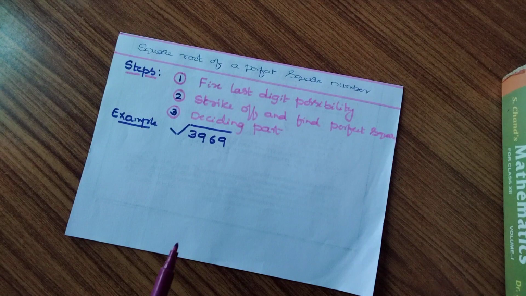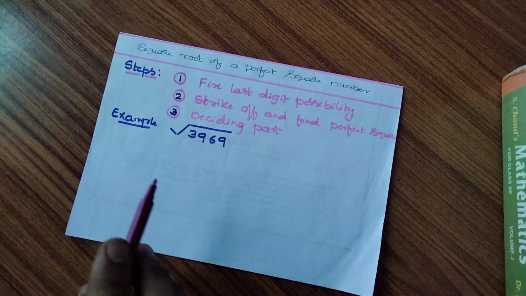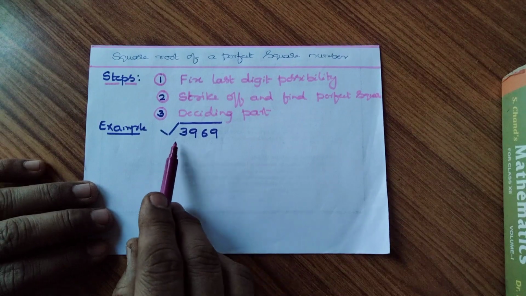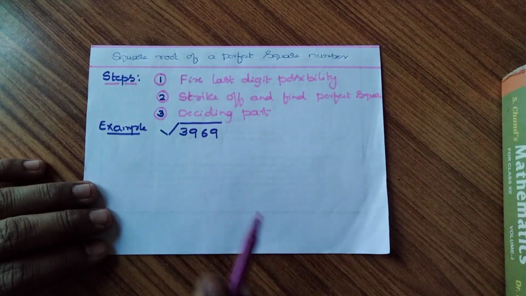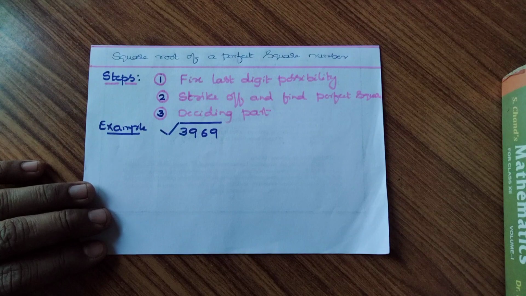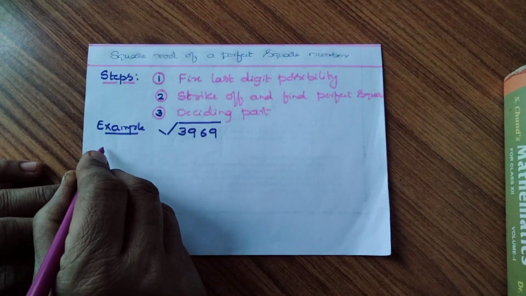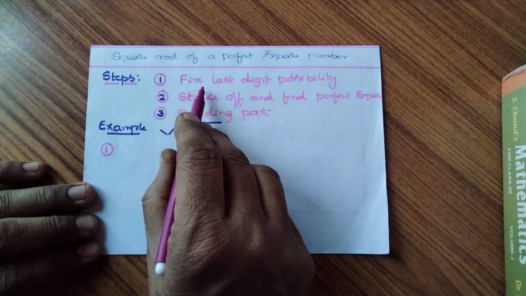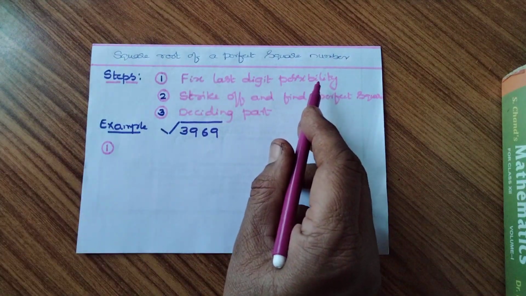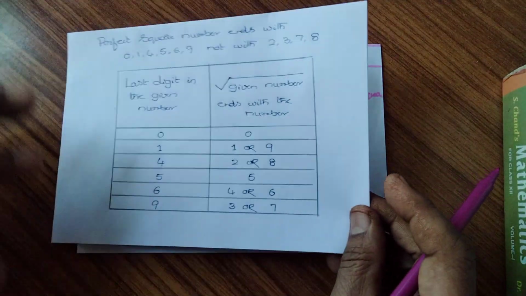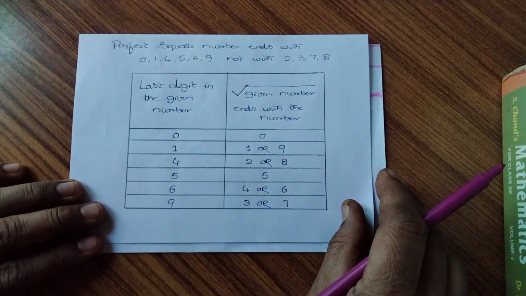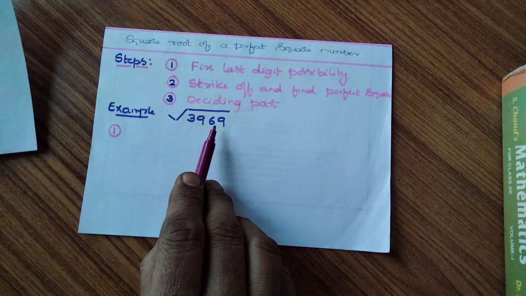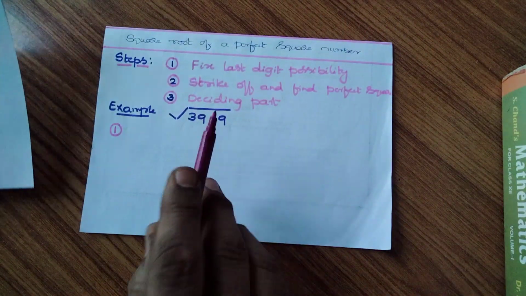So I have considered the square root of 3969. Step number 1 is to fix the last digit possibility. As this table explained, in our example the last digit is 9.